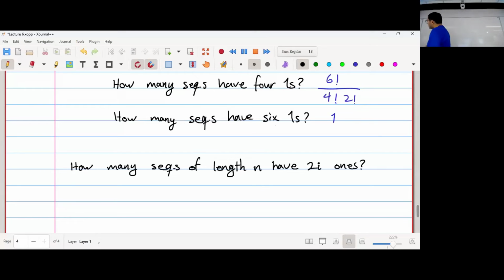So if I have 2i ones, this means that I have n minus 2i zeros, right?